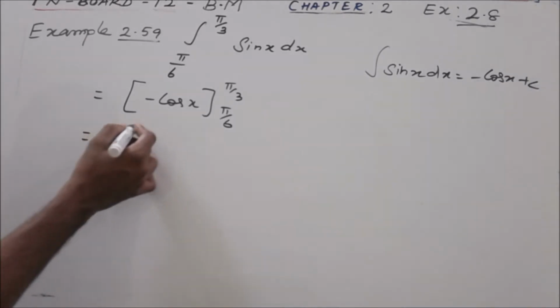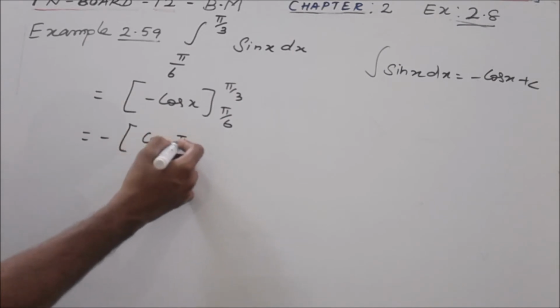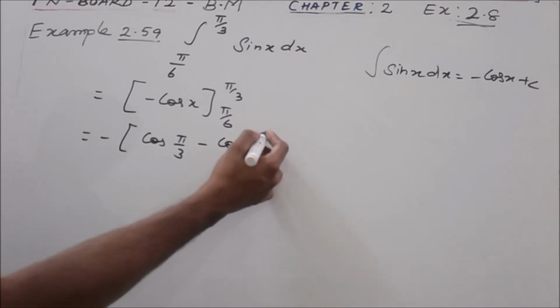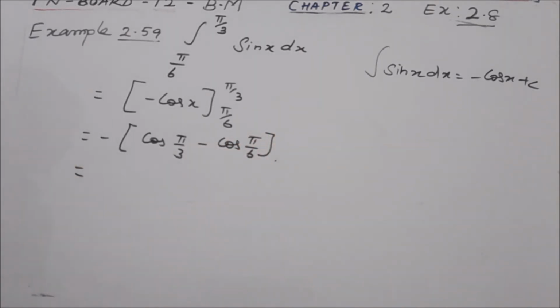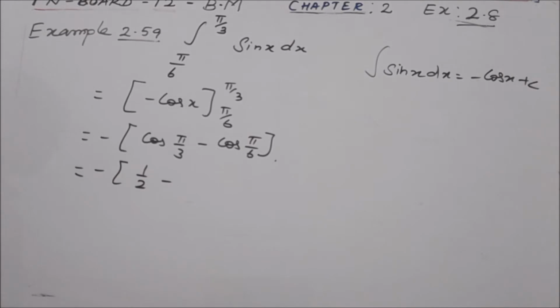Now taking out minus, and then substituting upper limit cos pi by 3 minus lower limit cos pi by 6. We are familiar with the trigonometry table values. Cos 60 is 1 by 2, then minus cos 30 is root 3 by 2.